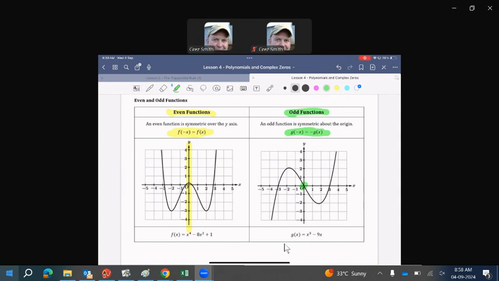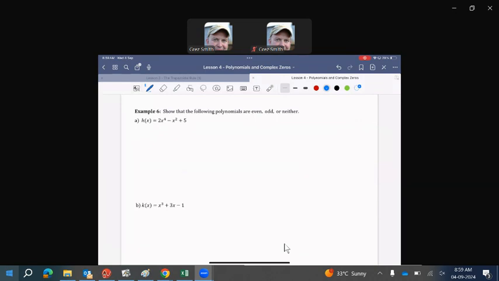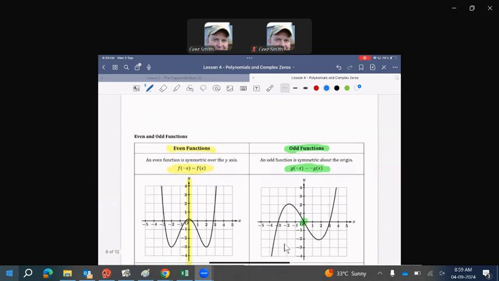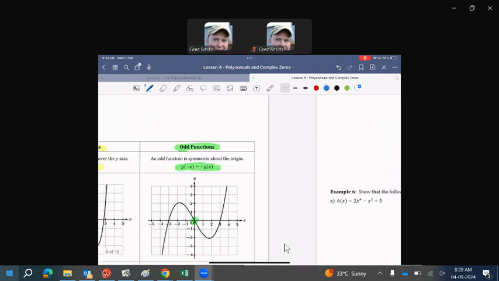Let me show you how to use that with a proof. Show that the following polynomials are even, odd, or neither. So what we can do is start off with h of minus x and then see what the answer comes out.